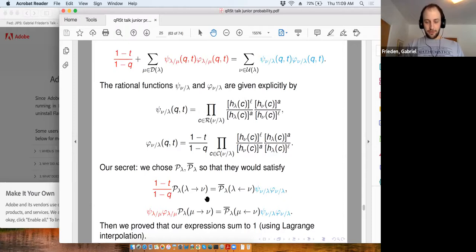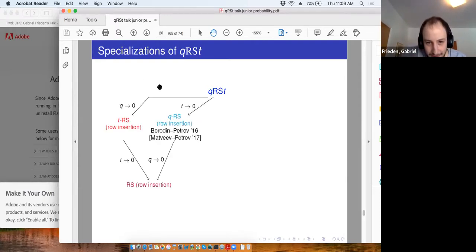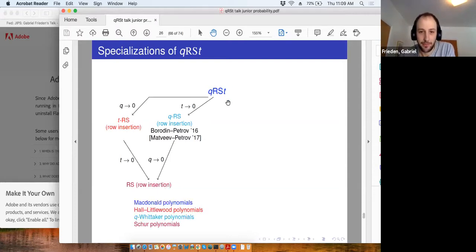Okay, I think I just have 2 more slides left. So, here's a picture of the various specializations. So qRSt is something about Macdonald polynomials.